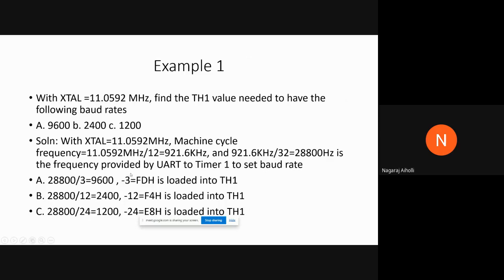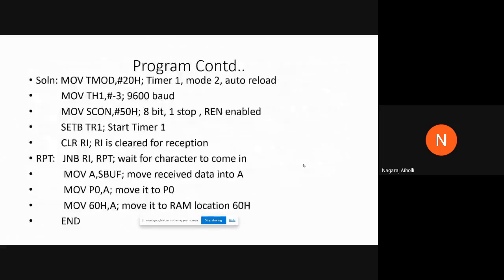Starting with one count for the overflow condition, FF -1 is FE, then FE -1 is FD. So it will be -3. But if the same 28,800 is used, then it will be FFH.